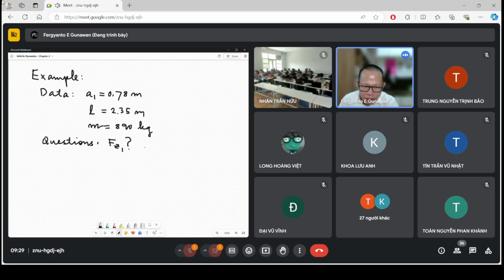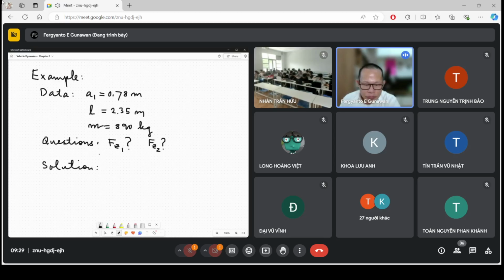And we also like to know what is the FZ2. So we are going to solve this problem.